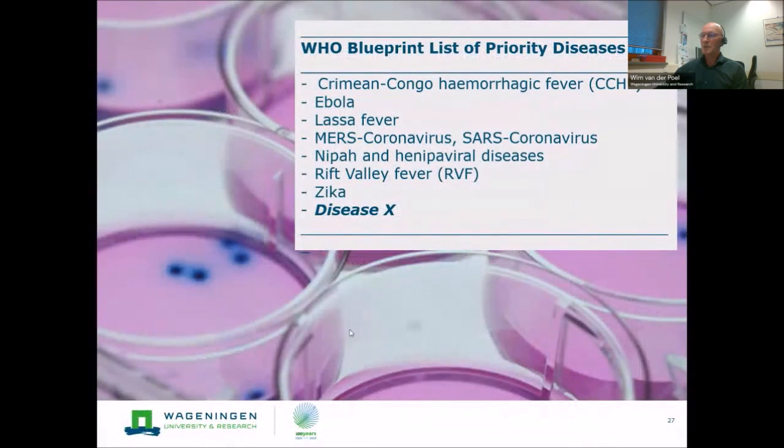The WHO has recognized that and has started a program to try to cope with a disease X, a disease we don't know yet, but may cause a future pandemic. And SARS coronavirus 2 was the first example.